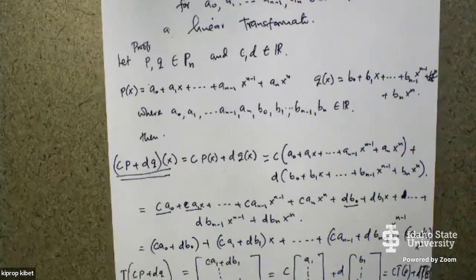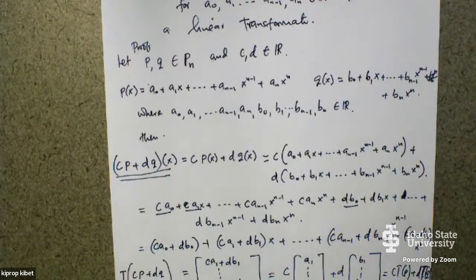So that is the proof. So we can say T is a linear transformation from Pn to R.